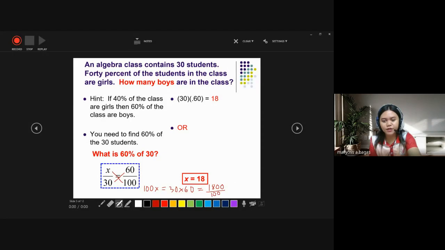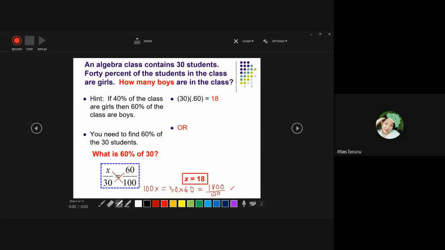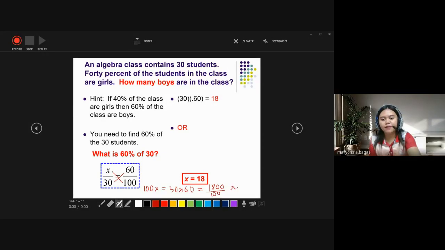X is equal to 18, meaning there are 18 boys in the class.